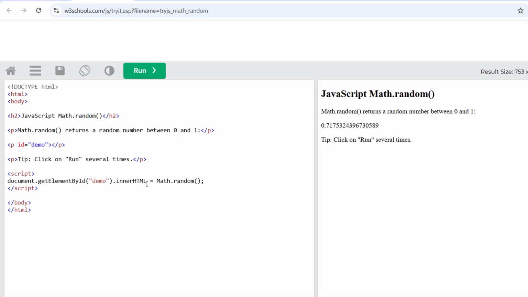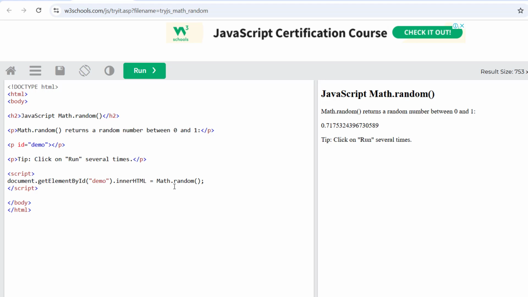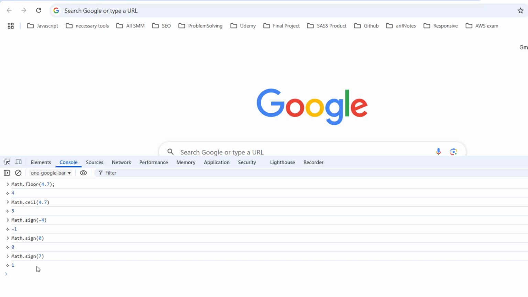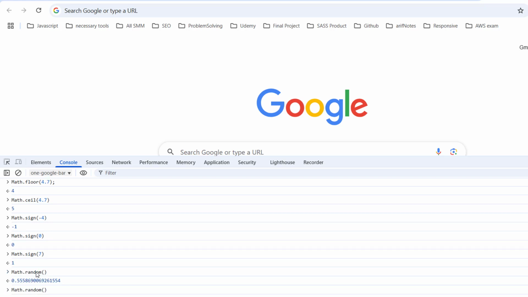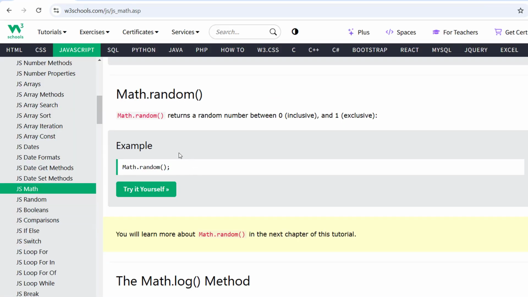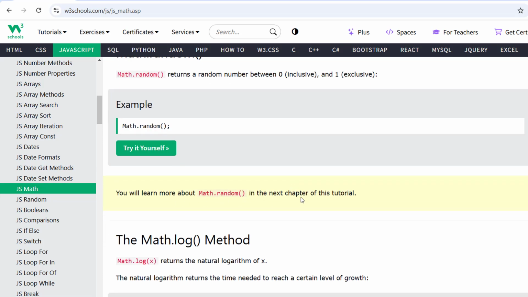It will provide you a random number, and every time it will give you different random numbers. Random means random number. No problem, you will learn math random in the next chapter.